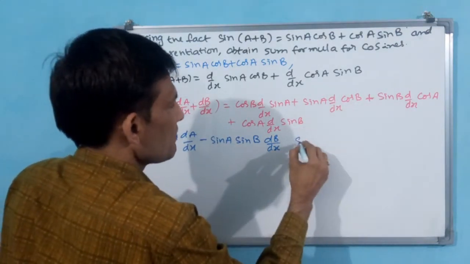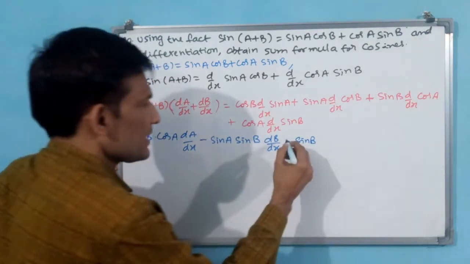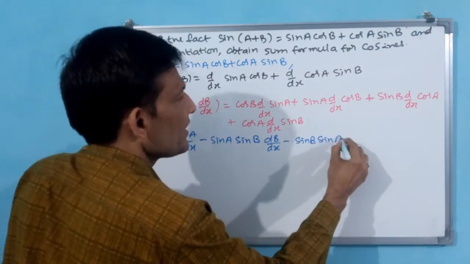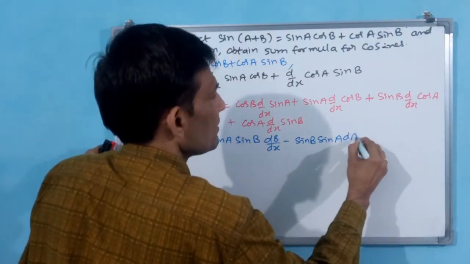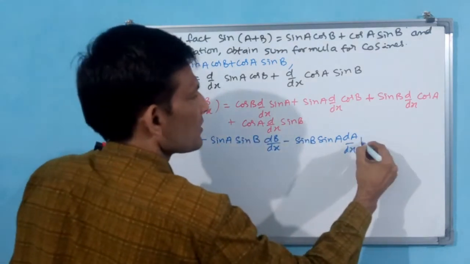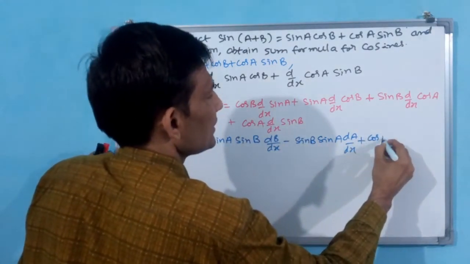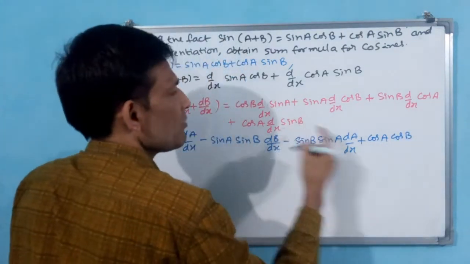Okay. Write down first sin B. Okay. d by dx of cos A minus sin A. Write down minus sin A over, no, dA by dx. Okay. Here sin is there, plus you can put cos A. Okay. d by dx of sin B is cos B. Okay. Again dB by dx.